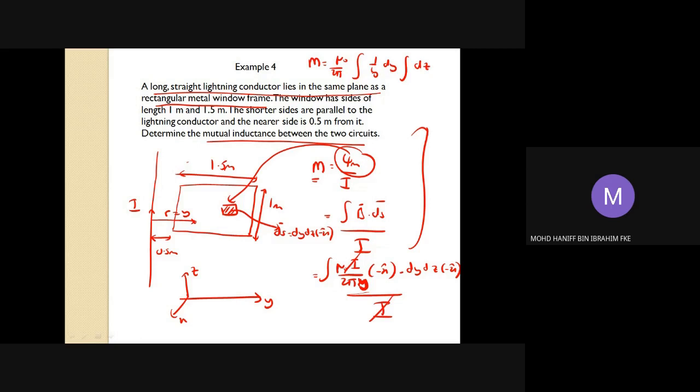Y has a range from 0.5 meter to 2 meters, whereas z, the height, is from 0 to 1. So we end up with the mutual inductance M as mu naught over 2 pi ln of 4 times 1. That is the mutual inductance in units of Henry. I think this calculation of the mutual inductance is very straightforward.